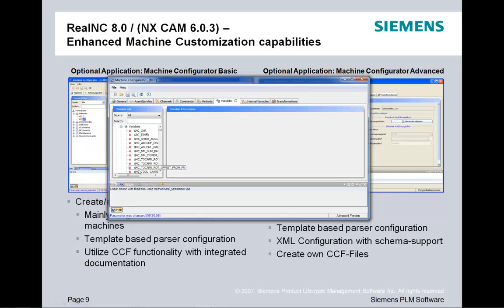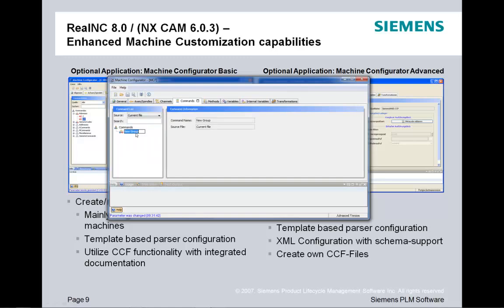Variables, internal and system variables, give you access to, for example, Siemens system variables on a Siemens controller to define those. Also internal variables can be used to store information temporarily, and transformations. This has to do with zero offsets, tool length compensation, and things like that.